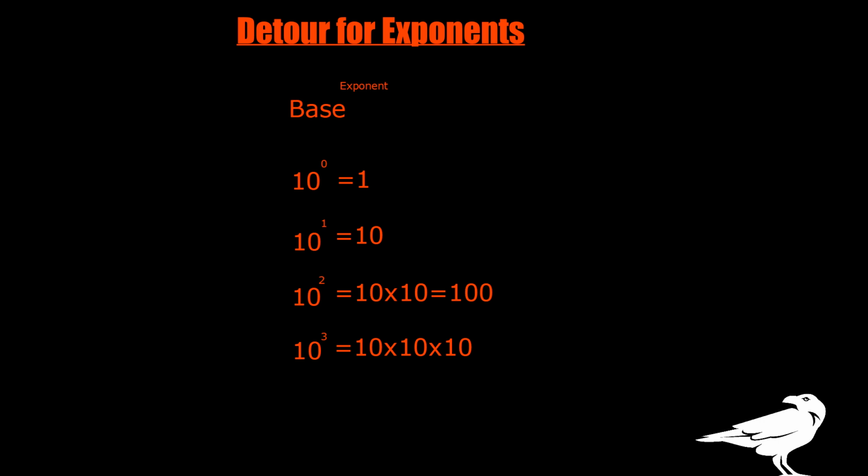So it's actually not too bad to work with, because we know that's 1,000. And 10 to the 4 is 10 times 10 times 10 times 10, which, again, if you cheat a little bit, you know the answer to 10 to the 3 already. Times that answer by 10. 10 to the 4 is 10,000. Not so bad. So that makes the exponent row on that conversion table a bit easier.